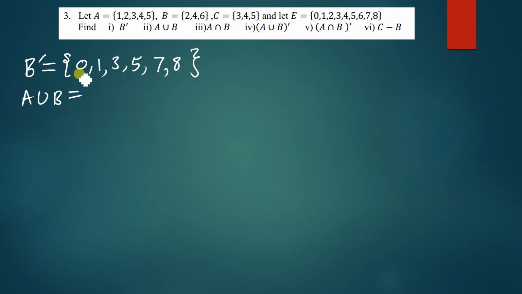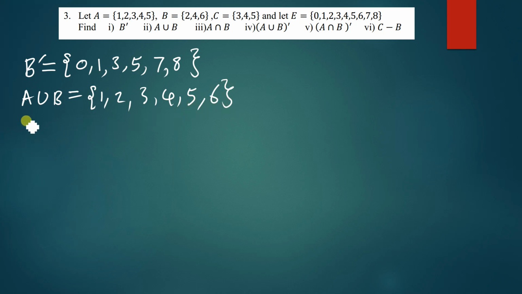So set A is 1, 2, 3, 4, 5, and set B is 2, 4, 6. The elements that are repeating or common, we just list once. So we have 1, 2, 3, 4, 5, and 6. This is A union B.